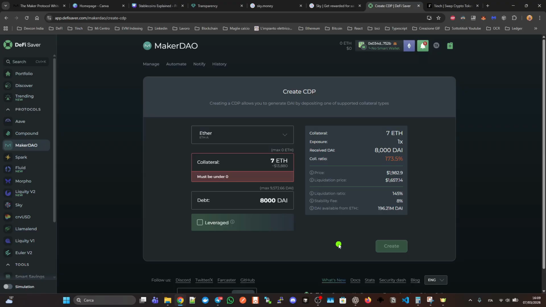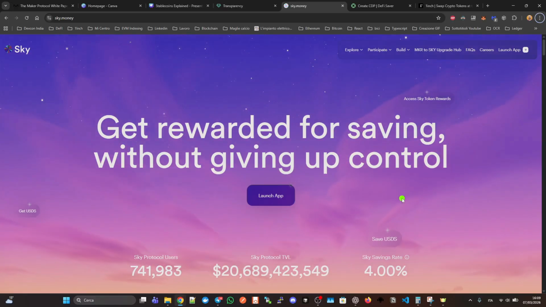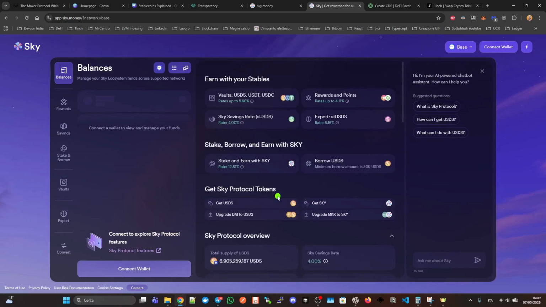Another thing that I want to show you is to use the Sky Savings Rate, which allows you to deposit USDS stablecoin and gain a reward. So we are in the Sky protocol DApp. We launch the DApp.